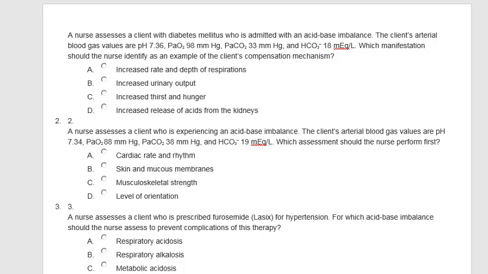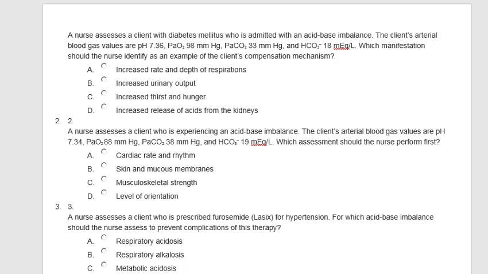Okay, so let's take a look here. The client's ABG values are as follows. pH of 7.36. Okay, first of all, we're going to commit this to a side. Even though this pH is within range, it's less than 7.4, which is the middle marker of the normal range for pH value.